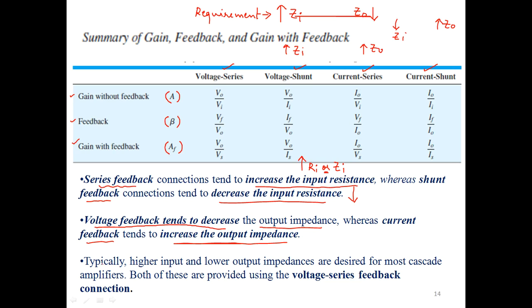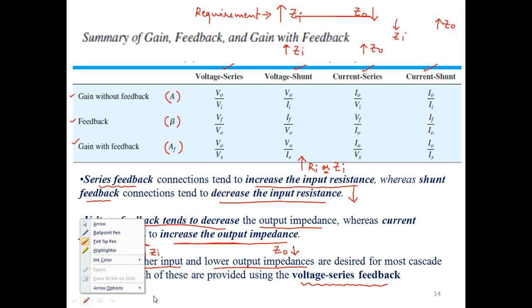However, it is mentioned that typically, meaning usually or generally, higher input and lower output impedances are desired, which means higher Zi, this upper arrow indicating higher Zi, and lower Zo for most cascaded amplifiers, single stage or maybe double stage amplifiers. These usually prefer a higher input impedance and a lower output impedance. Both of these features can be provided using a voltage series feedback connection.